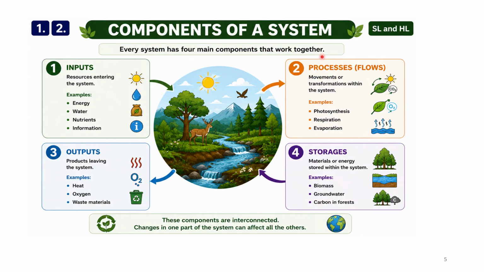Components of a system. Every system is made up of four main components that work together to maintain structure and function. First are inputs, which are resources entering the system. In a forest ecosystem, examples include sunlight as an energy source, water from rainfall, nutrients from the soil, and information such as environmental signals that influence organism behavior.